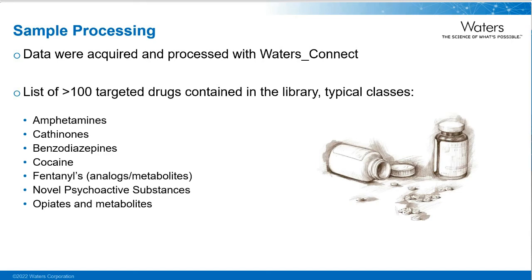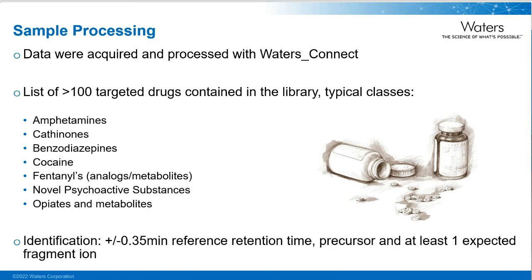Each entry has an associated retention time and fragment ion information that were obtained from data acquired using the high-resolution mass spectrometer. One point to note is that the library is flexible and can be expanded and customized by the user. A positive identification was based on retention time, the presence of a precursor ion, and the detection of at least one diagnostic fragment.